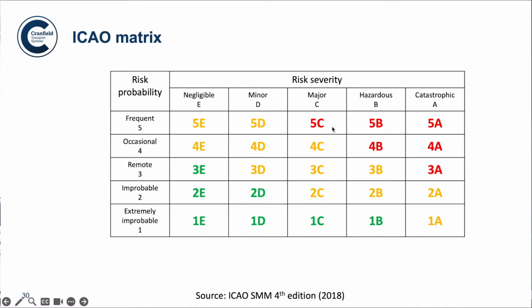Which one of these do we need to deal with first, the 4A or the 5C? We don't know, because these are just labels, they're both red. We can't actually put a value on them and say, okay, this is the one I need to deal with first.